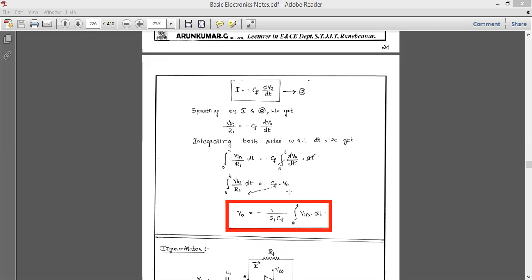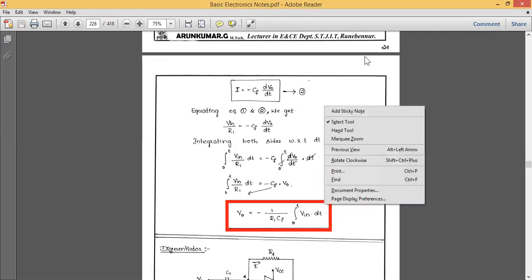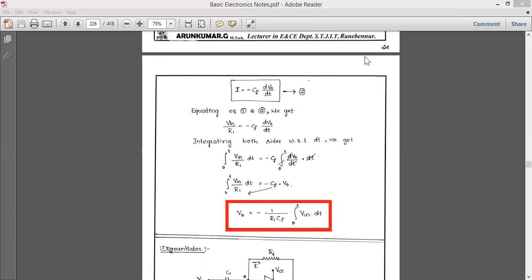Therefore, once we apply the input to the op-amp, that too at the inverting input terminal of op-amp, we get the integrated version of the applied input. So this is how we find the integration of the applied input signal.